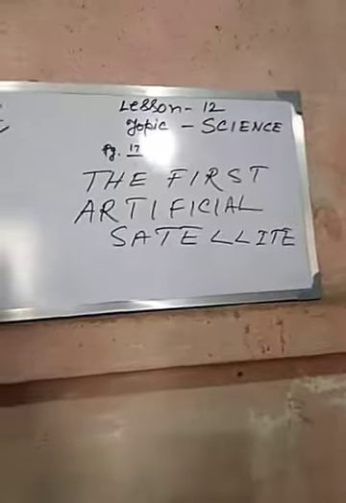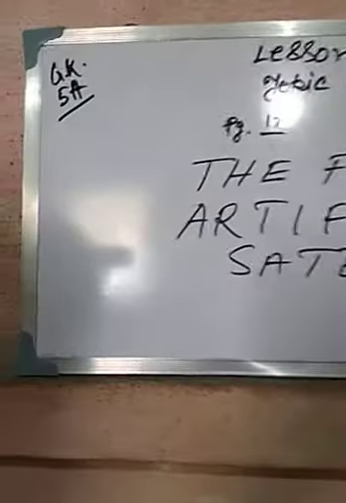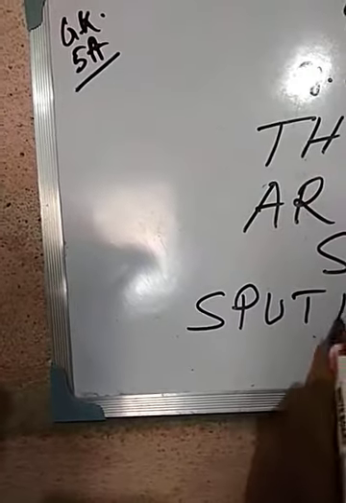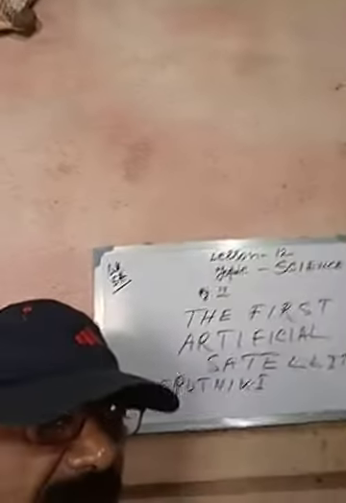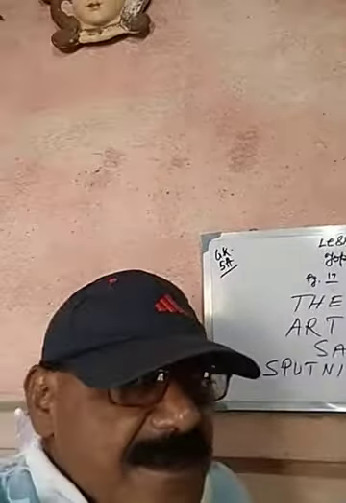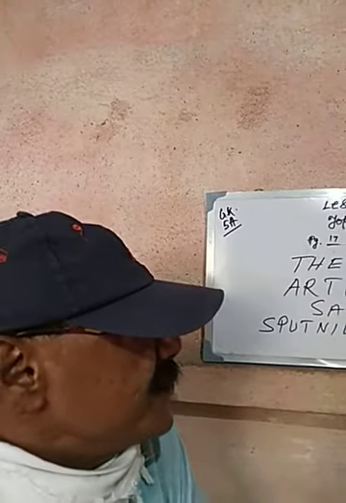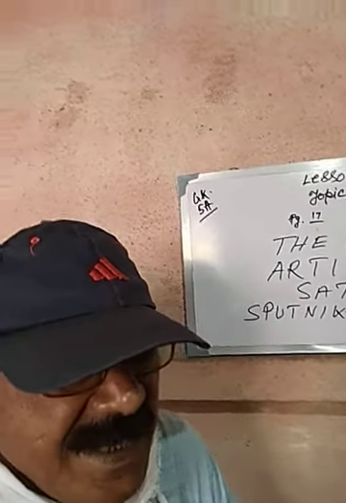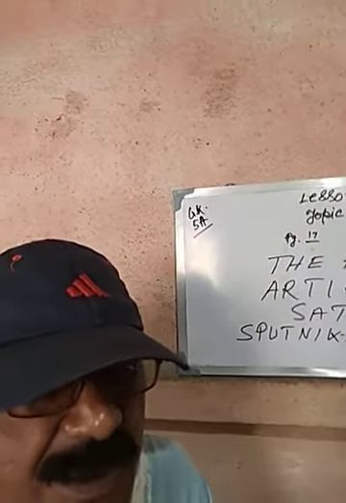Russia, a very famous country of the world, for the first time sent its first artificial satellite to space in the year 1957, and this first artificial satellite is known as Sputnik 1.